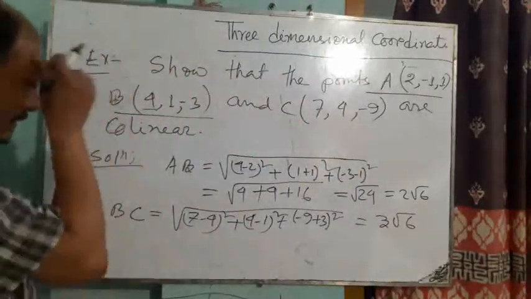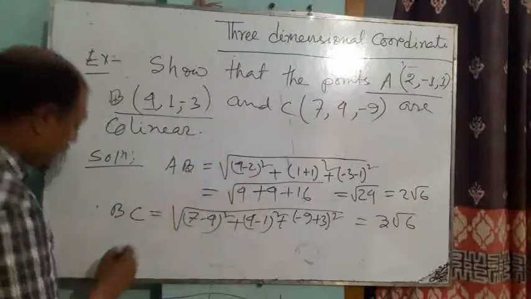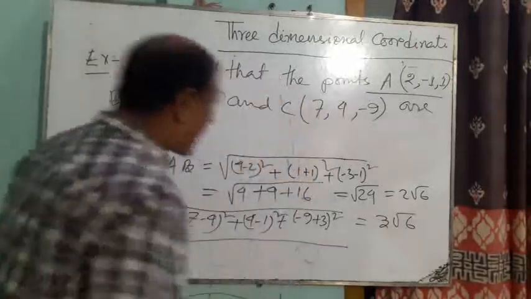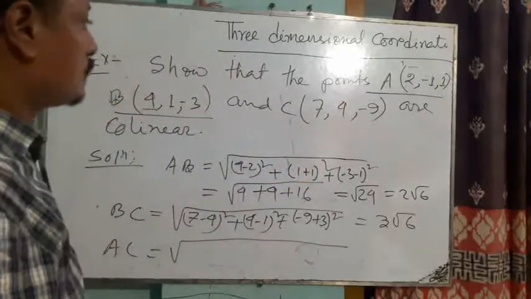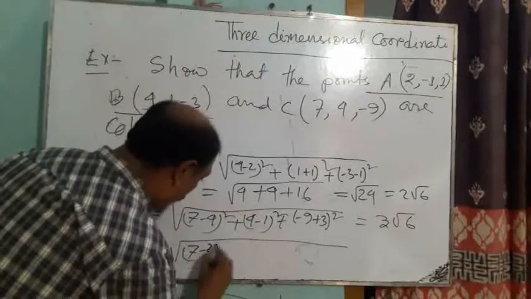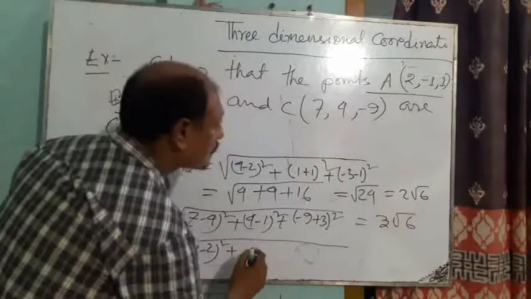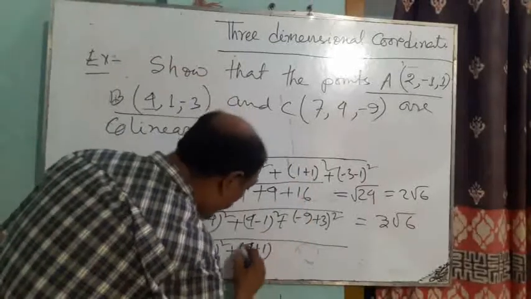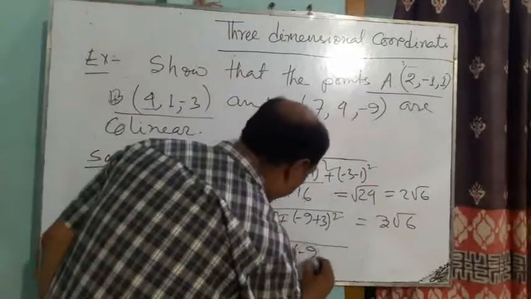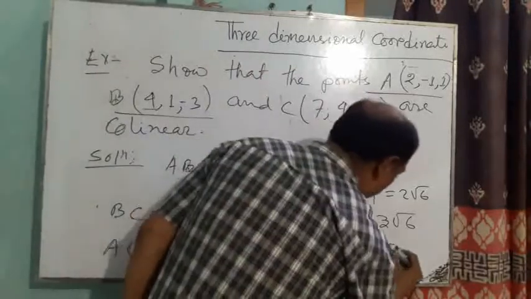Also find the distance between A and C, that is AC, equal to (7 minus 2) whole square plus (4 plus 1) whole square plus (minus 9 minus 1) whole square, that is equal to 5 root 6.